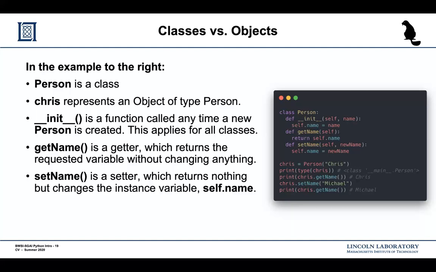If you call Chris.name, but I don't want you to be able to modify the name, then you can go ahead and modify it. You can do whatever you want. But if I control it with a getter and I don't have a setter, then there's no function available for you to change the name. So I always recommend using getter and setter functions as opposed to directly modifying the instance variables. It'll make your life a lot easier.